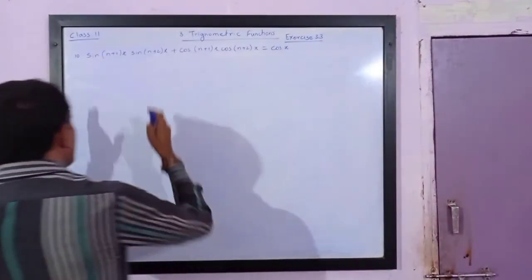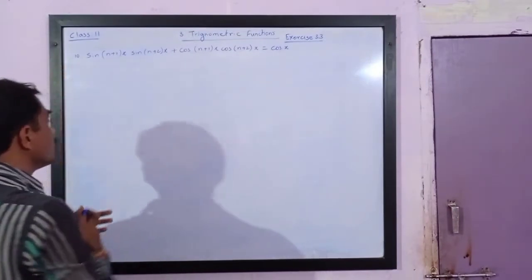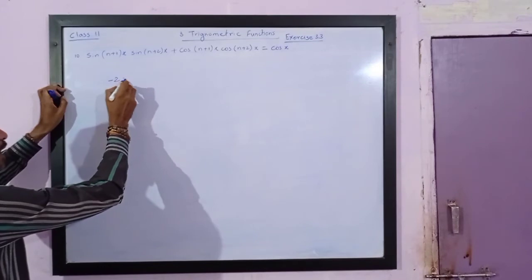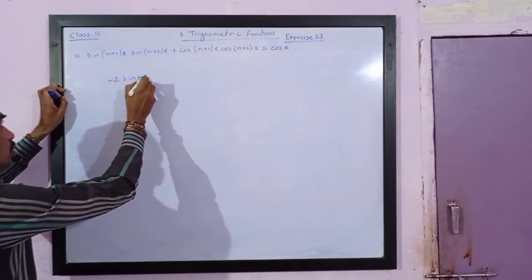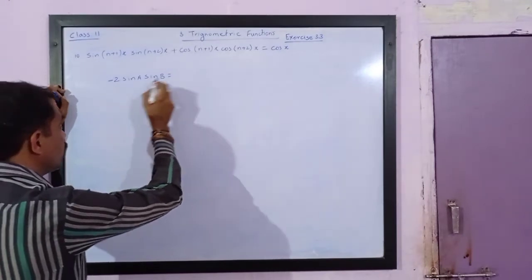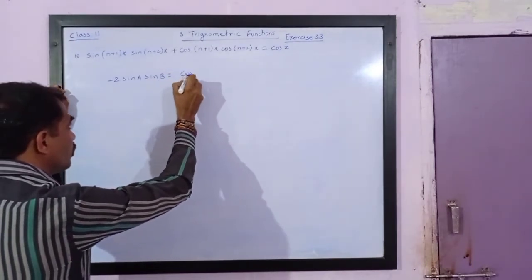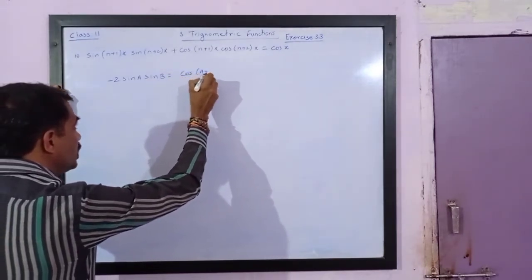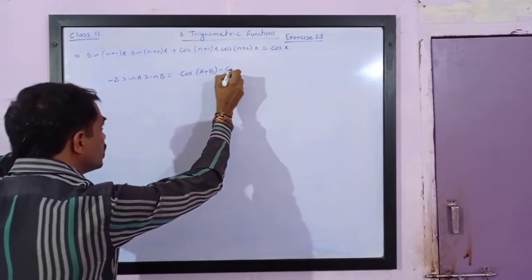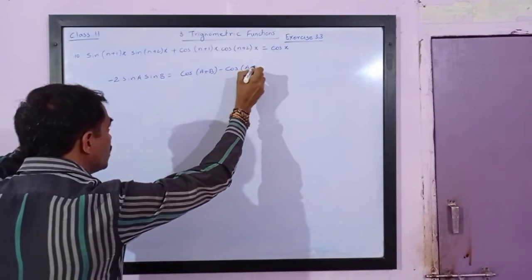Now for this we are going to use identities. We have the identity minus 2 sin a sin b is equal to cos(a plus b) minus cos(a minus b).